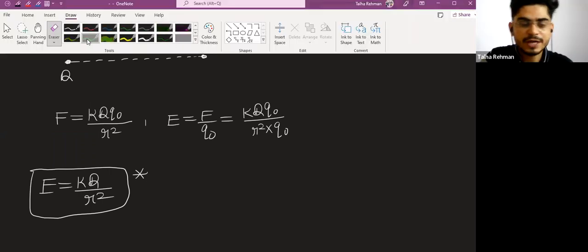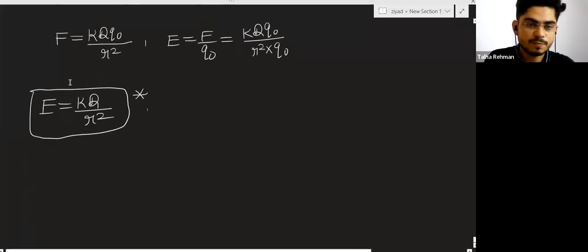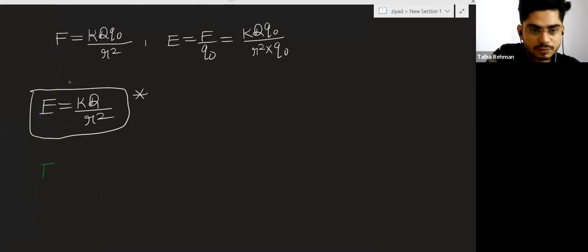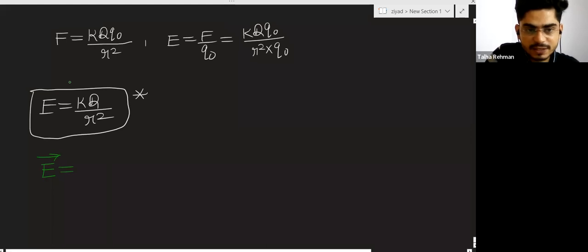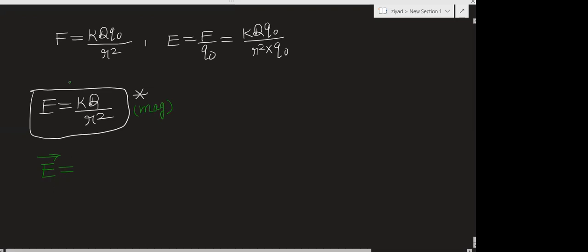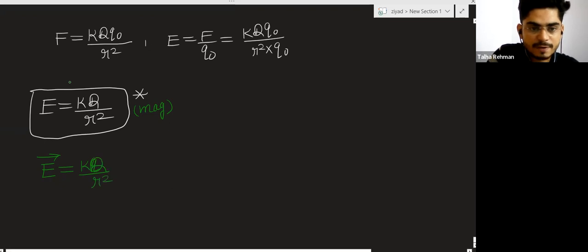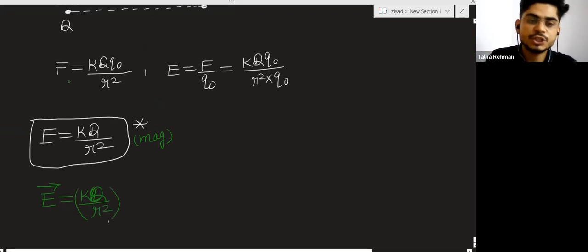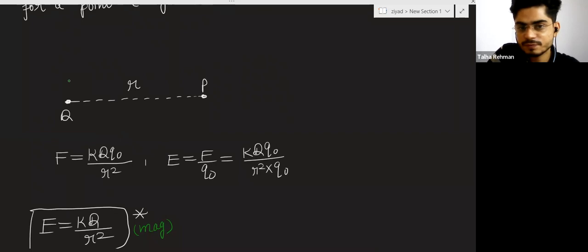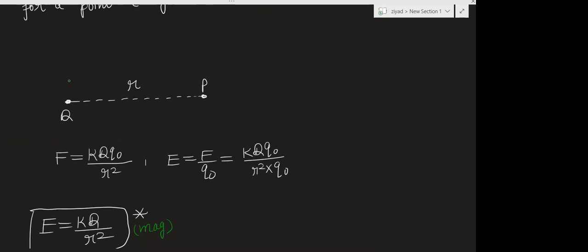And if you want to write this electric field in the vector form, what will you do? First you will take the vector of electric field, and this is the magnitude now. So write the magnitude of electric field: kQ divided by r square, where Q is capital Q. And you will take the position vector in the direction of this electric field.